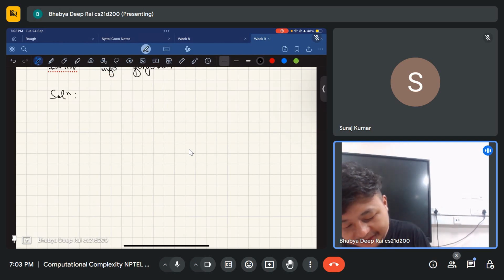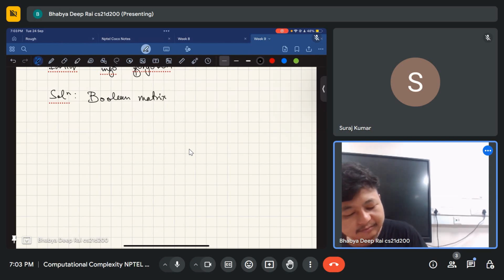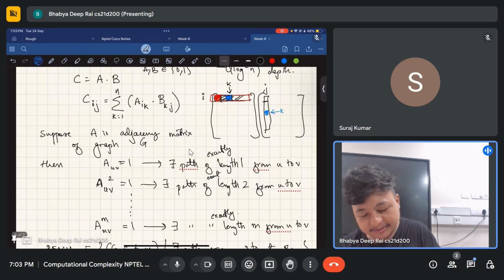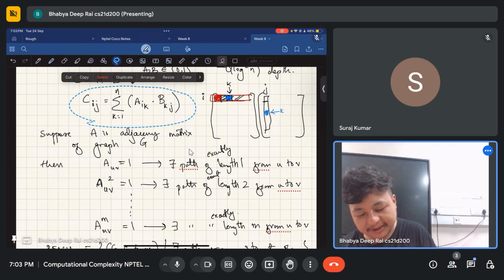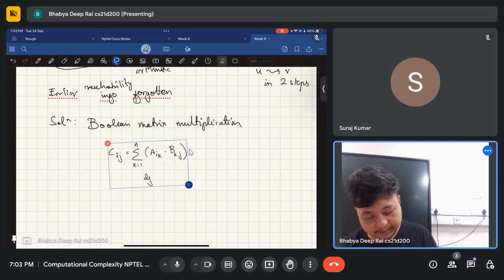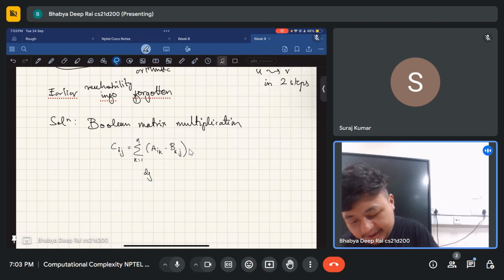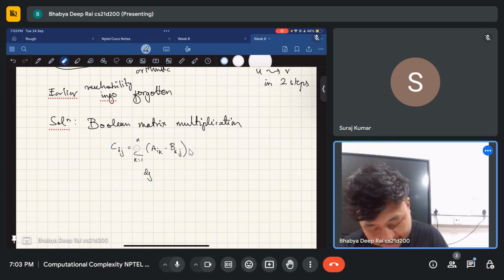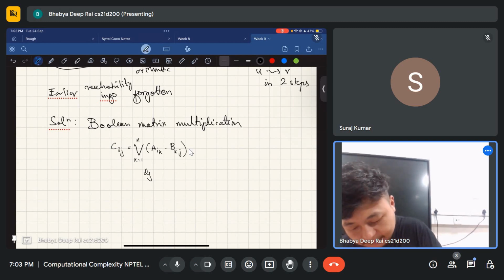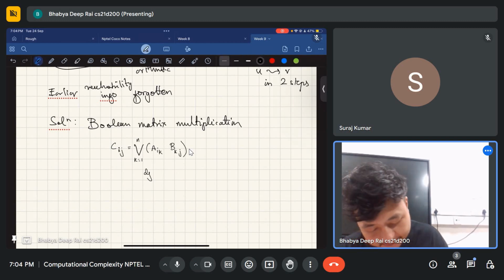Instead of arithmetic matrix multiplication, we do Boolean matrix multiplication. And what is Boolean matrix multiplication? Here is your arithmetic matrix multiplication. I'll change addition to OR and multiplication to AND.